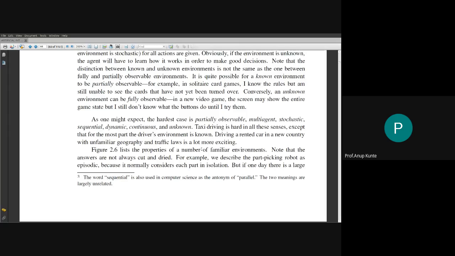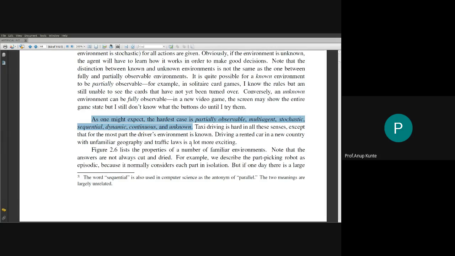So, this sentence I would like your attention to, and that sentence is: one might expect the hardest case would be an environment that is partially observable, having multi agents, stochastic nature, which is sequential but dynamic, and continuous, the values are sensed through the agent sensors, but it is also an unknown environment.